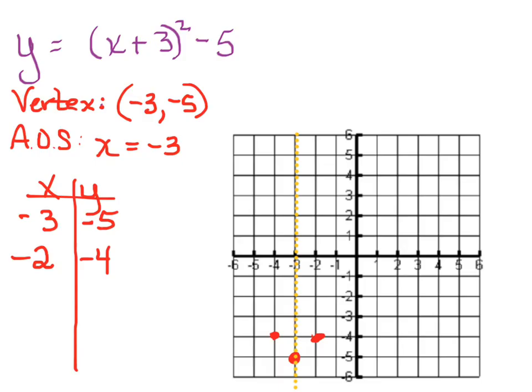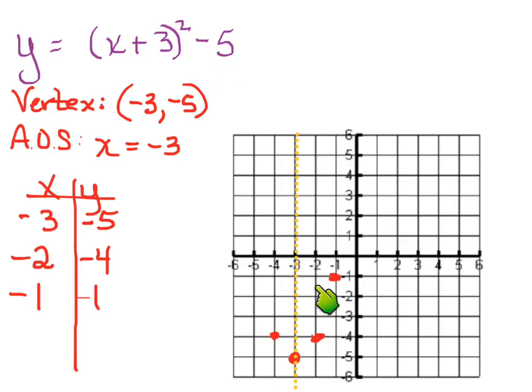Now, again, this doesn't give me a clear picture of the parabola, so I need to do a few more points. Once again, I'm going to use some points, and I can skip around, but it's probably safer just to go consecutively. I'm going to use -1. And I'm once again going to run that -1 through this template. When I add -1 with 3, I get 2. 2 squared is 4. 4 minus 5 is -1.